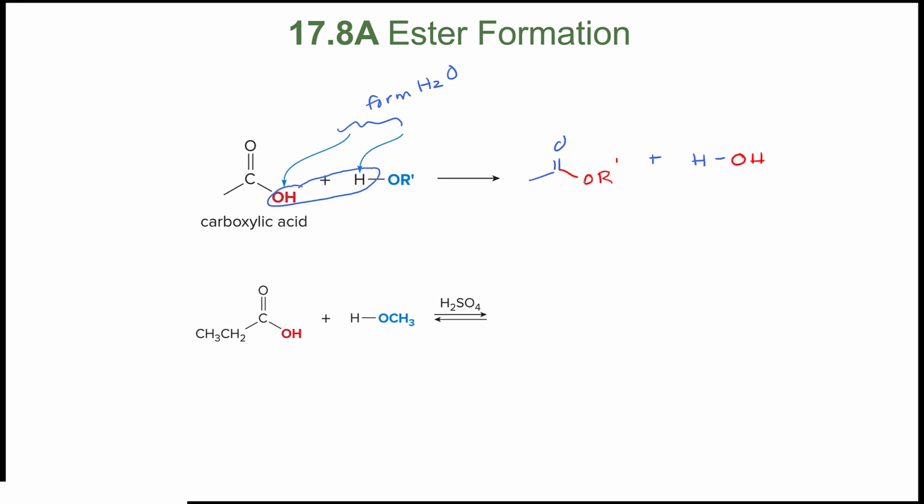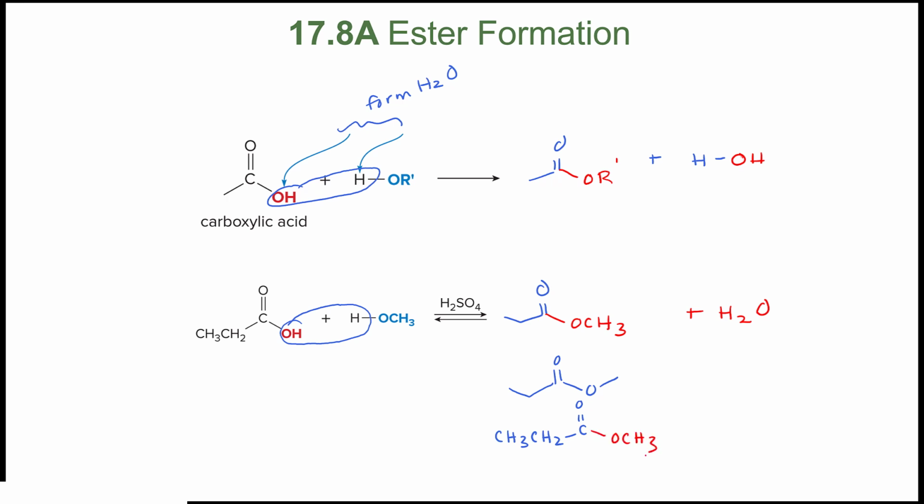If we did this reaction again, it's easiest to see when you have your OH lined up with the alcohol part. We have O to CH3 plus H2O. And if you wanted to draw out your atoms this way, you could for your CH3 or CH3CH2. That's another way of drawing that.